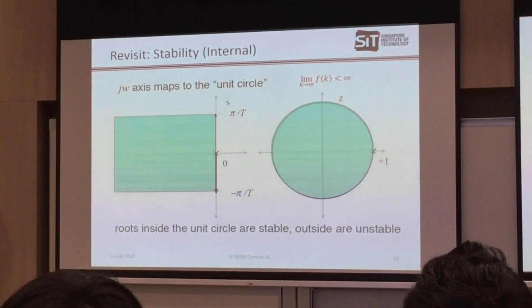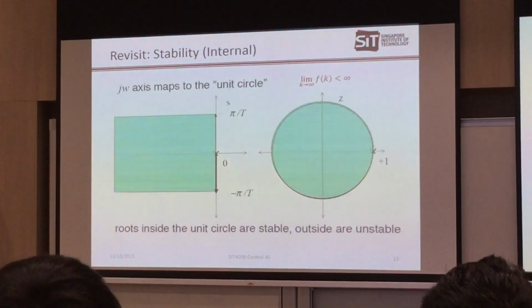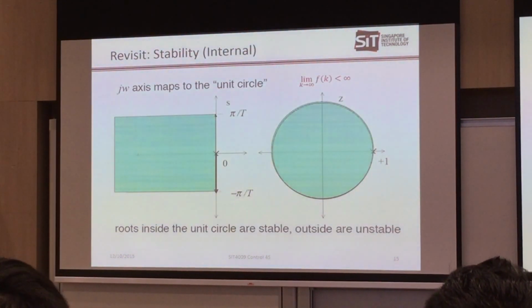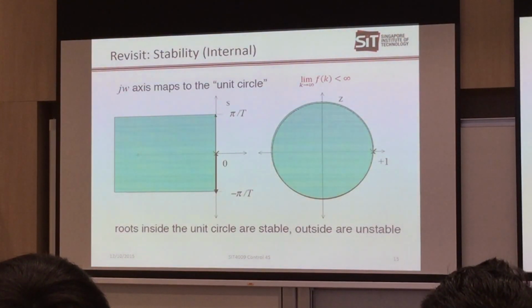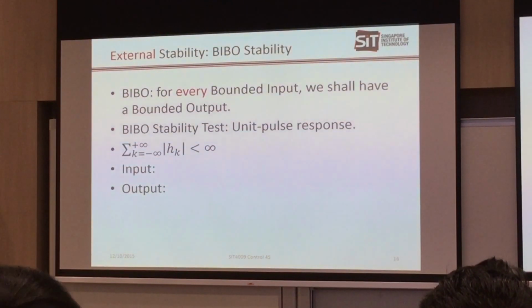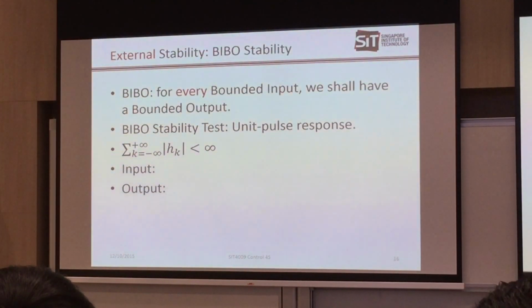But now if we look at BIBO, which is different from internal stability. Internal stability only looks at the signal, only looks at the transfer function themselves. There is no interaction at all. It can be determined by looking at where the roots are, and if all the roots are inside the unit circle, it is internally stable. But BIBO means the external: your transfer function, your system, has something to do with your input.